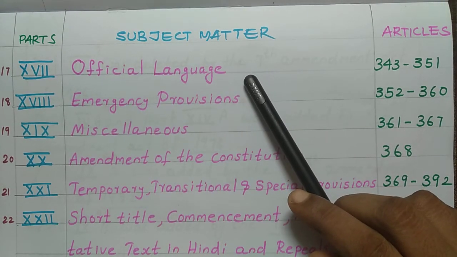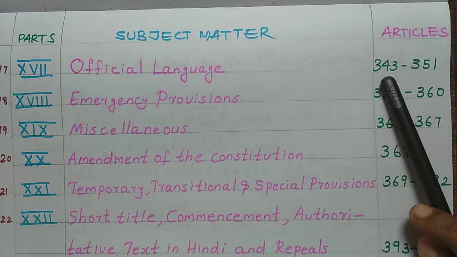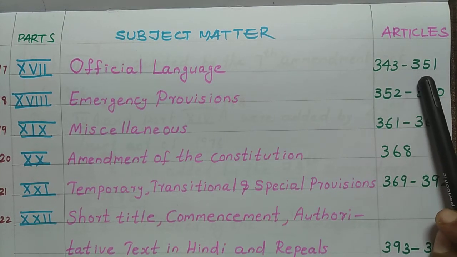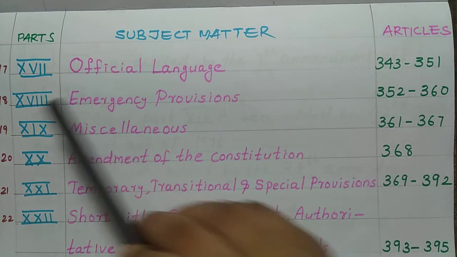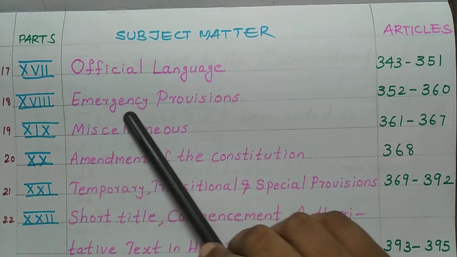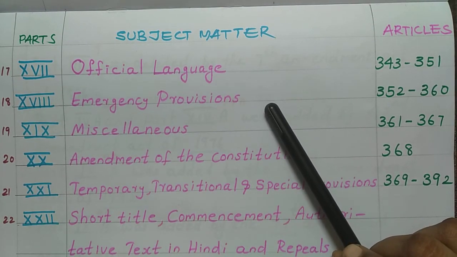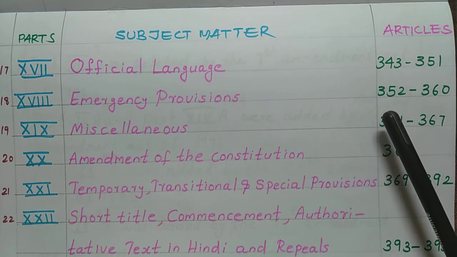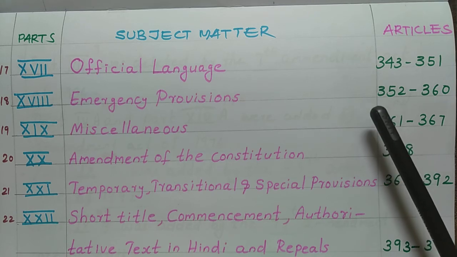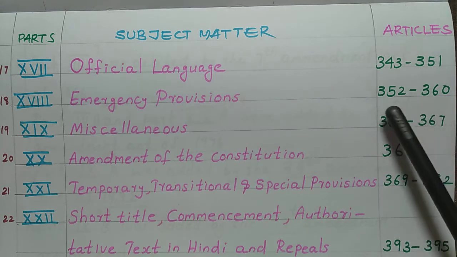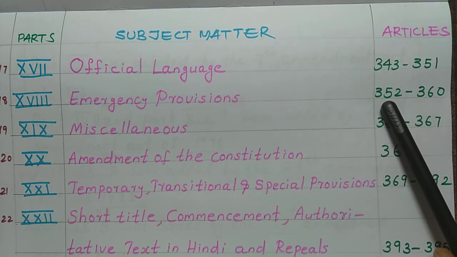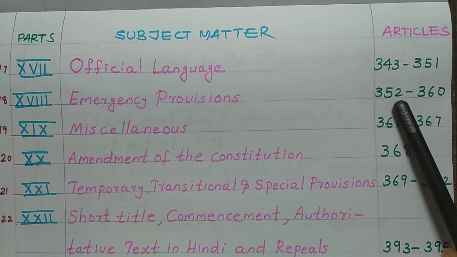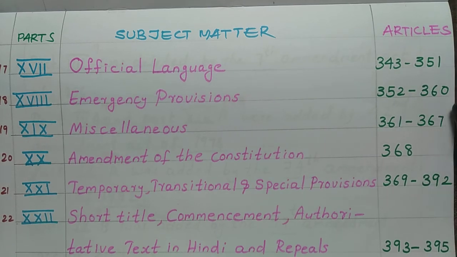Part 18, emergency provisions. Part 18 describes the emergencies, and we know there are 3 emergencies: national emergency, state emergency and financial emergency. And the related articles are 352 to 360.